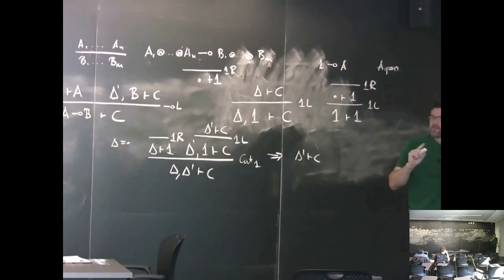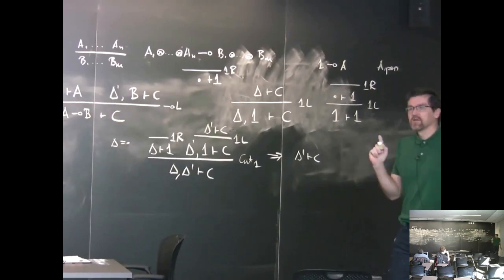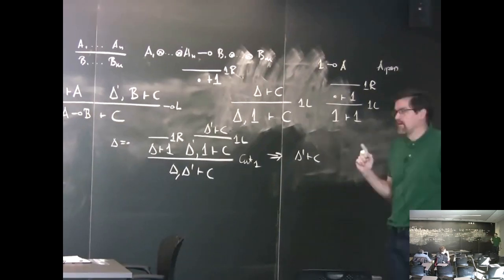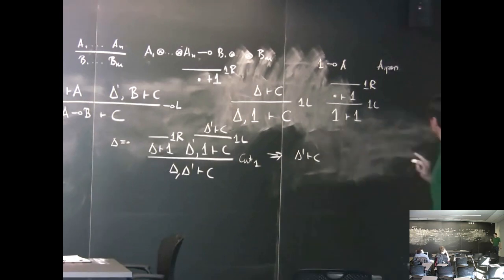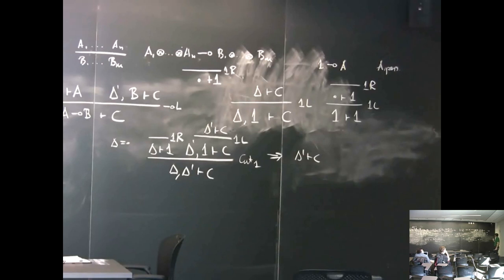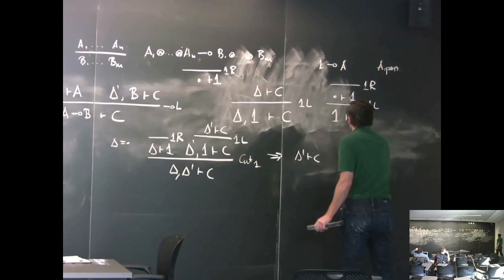Okay, not quite. And why not? Anybody have a suggestion why not? If you're trying to prove 1 lolly A, that isn't the same thing as proving A persistent, because you could consume a resource A to do that. Okay, so there's that one problem.